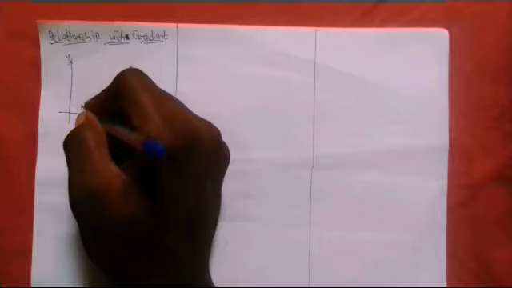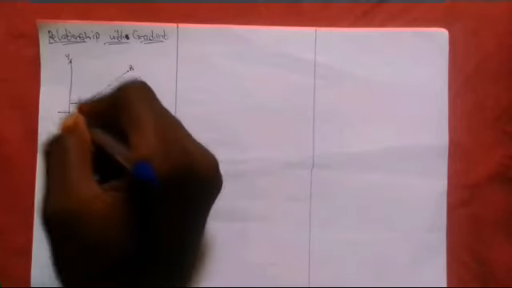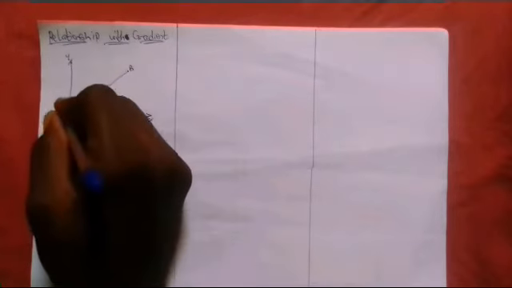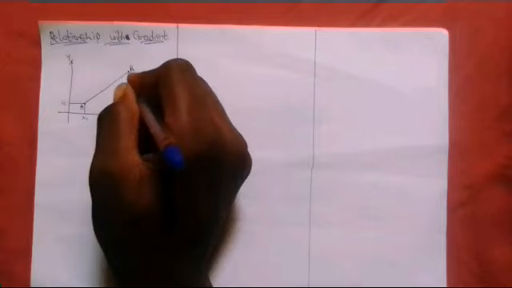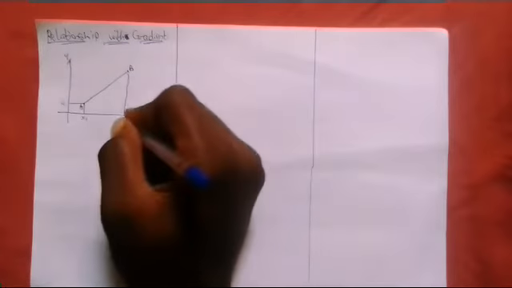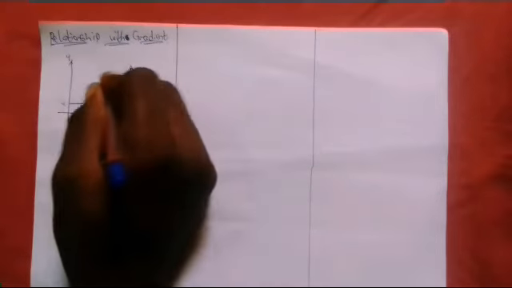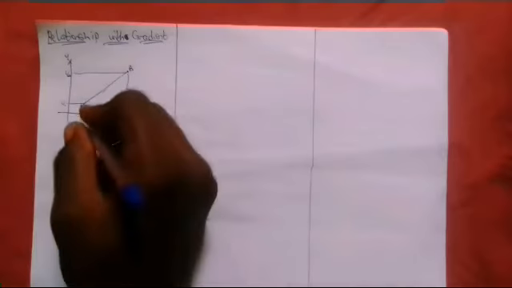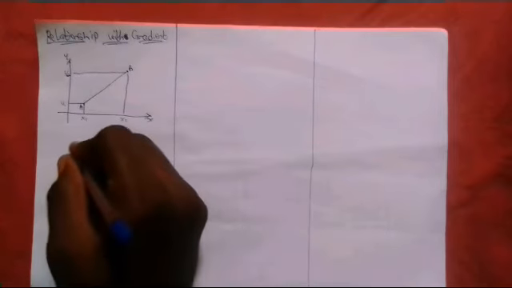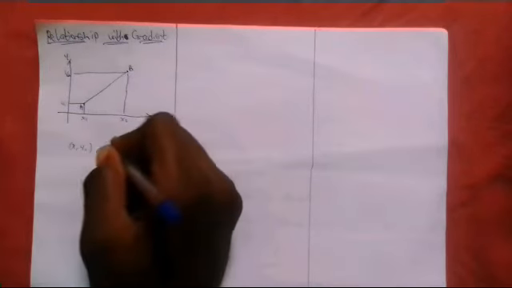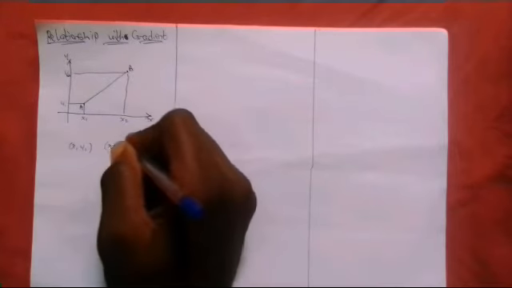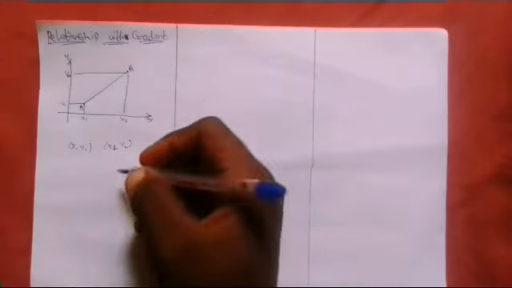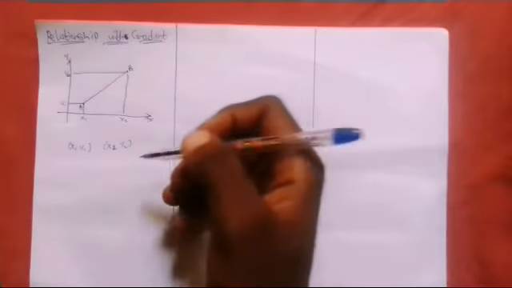Now if A and B are representing points x1, y1 and x2, y2, you notice that it forms two points: x1, y1 and x2, y2. Now we said the straight line, you want to know the relationship of the straight line with the gradient.